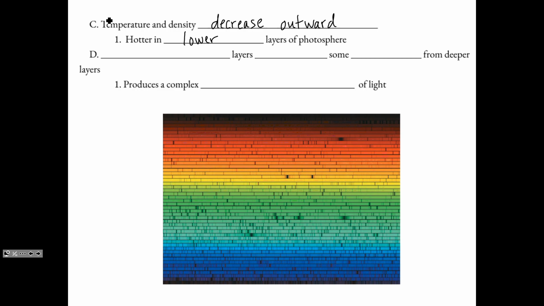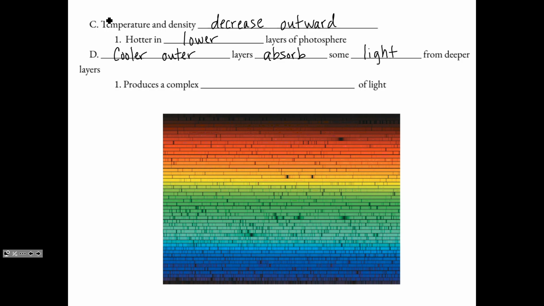What this does is something that's actually fairly important for us as scientists to learn about the sun and other stars. Because there's this temperature change from hotter to cooler, the cooler outer layers in the photosphere actually absorb some of the light that is coming from deeper in the photosphere.